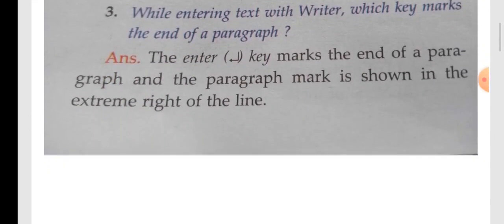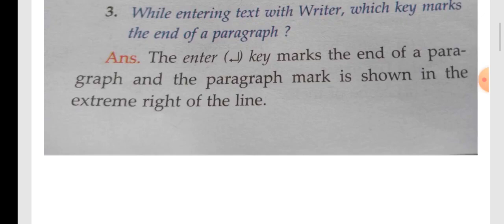while entering text with Writer, which keys mark the end of a paragraph? In this question we are just talking about the OpenOffice Writer, that is a word processor. So the question is asked as, while entering text with Writer, which key marks the end of the paragraph?